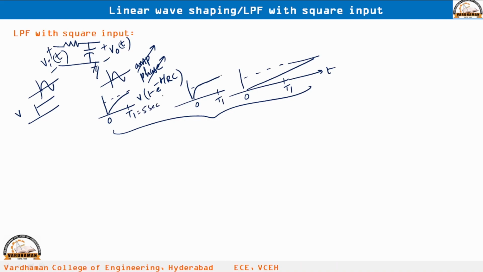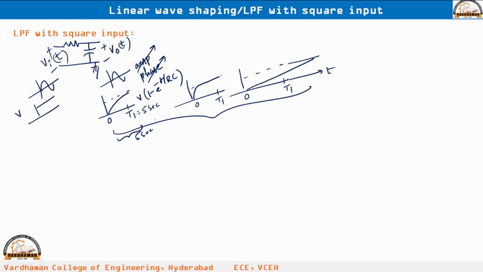To charge up to V volts, in the first case it has taken 5 seconds only. That means to charge up to V volts, 5 seconds is required, and T1 is also 5 seconds. You are observing the output at T1. So, if you see at 5 seconds, the output is equal to V volts in the first case.